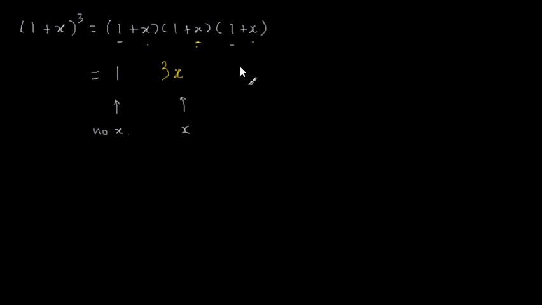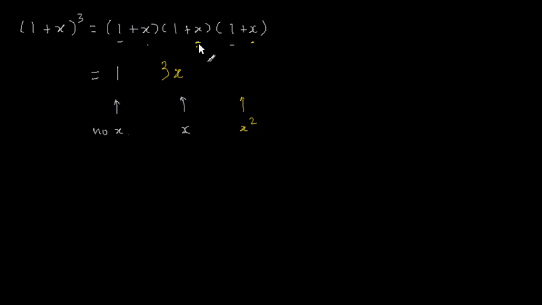Okay, so moving on to a term that contains x squared. In order to pick terms that would contain x squared, I would have to pick x's from two of the brackets. So let's say I pick an x from here and an x from this bracket, then I would be forced to pick a one from that bracket. In that sense, I don't have to worry about that bracket anymore. All I need is to think about from which two brackets I should pick the x.